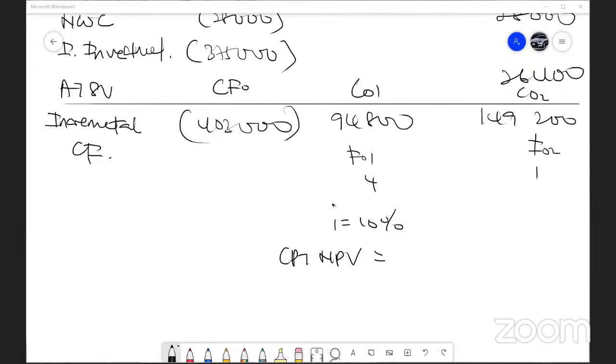Negative 9855.29. Very good. So this one you need to reject.